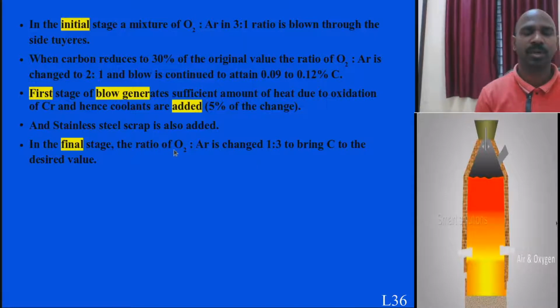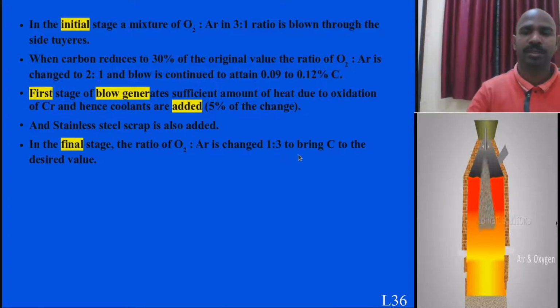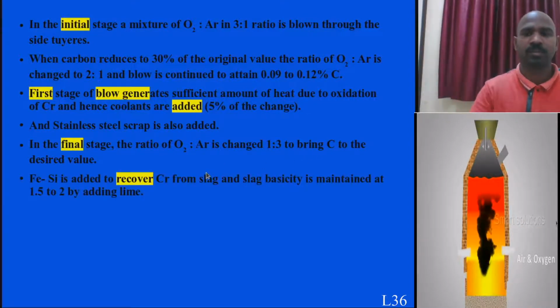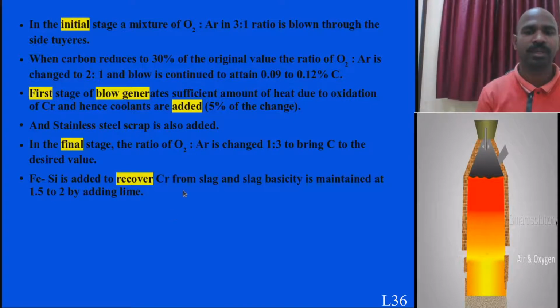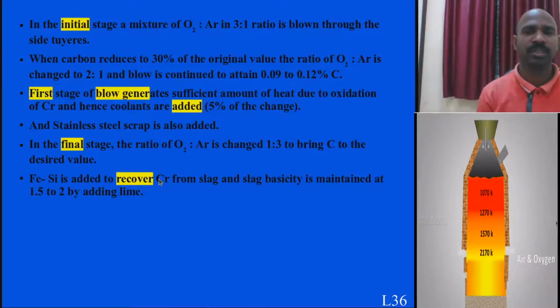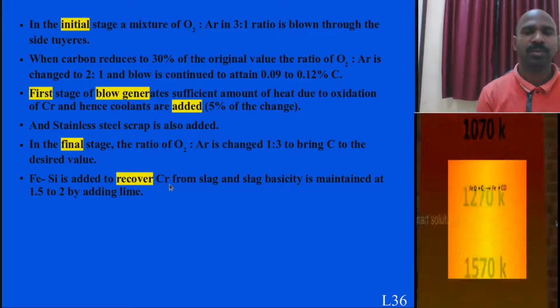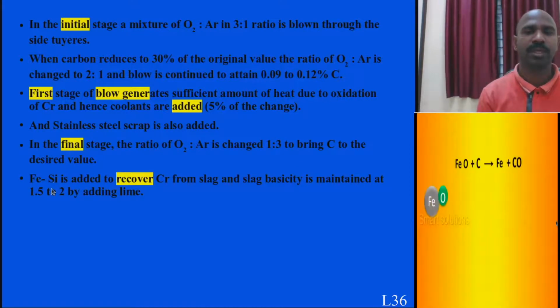And when this oxygen argon ratio is maintained in the VOD vessel from the side tuyeres, it is mainly aimed to reduce the carbon content further and to recover the chromium. It is not only carbon oxidation that is happening, chromium oxidation is also occurring. To recover the chromium, you add ferrosilicon, and to maintain the slag basicity, you add lime.